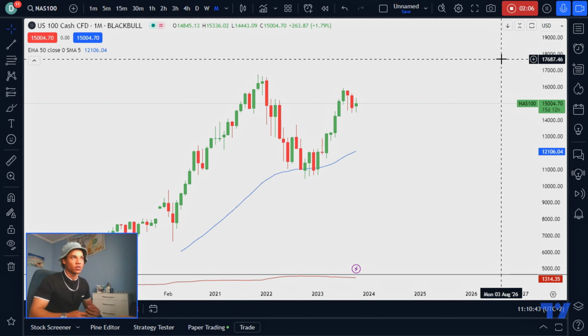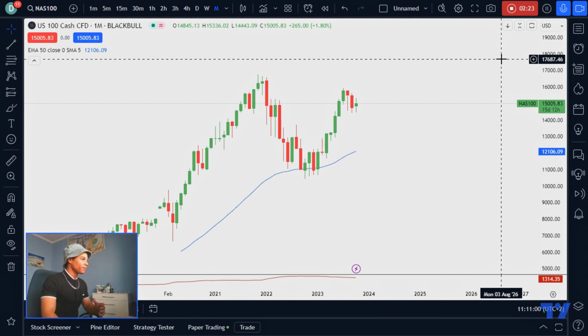I would draw my zone from the top of the red candle where price actually found resistance, and I look at another candle, a green candle, for support, and I use those two candles to create an area.